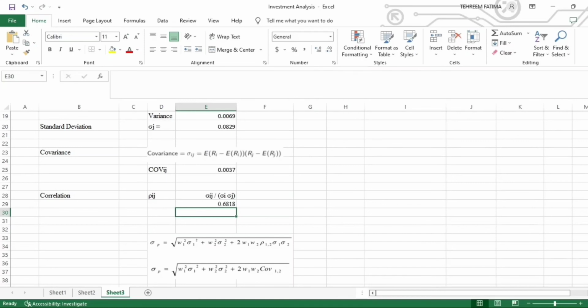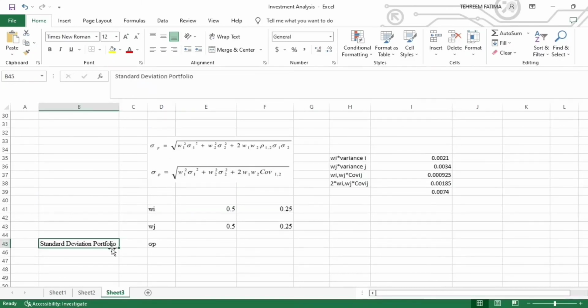Correlation is covariance normalized to stay between -1 and 1. So there is a positive correlation between Madison and Kayleigh Electric. The most positive it could be is 1, and here it is 0.6818, closer to 1. One should have expected a positive correlation between two stocks since they tend to move in the same direction. Risk can be reduced by combining assets that have low positive or negative correlation, which is not the case for Madison and Kayleigh Electric.